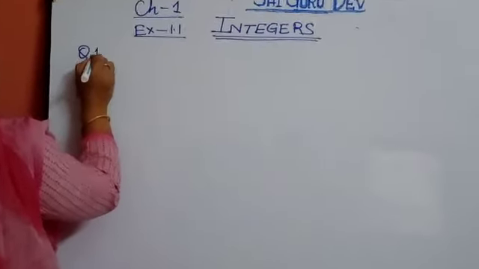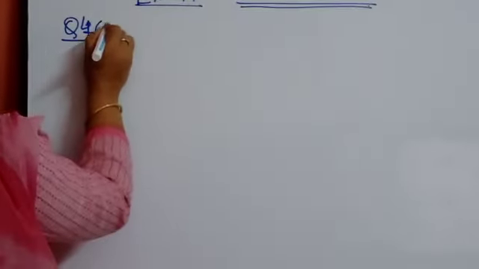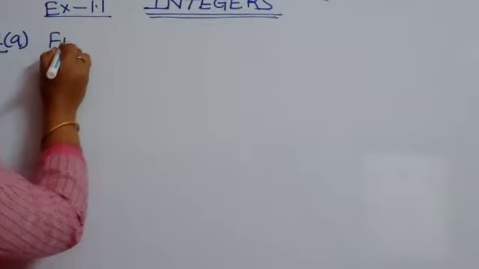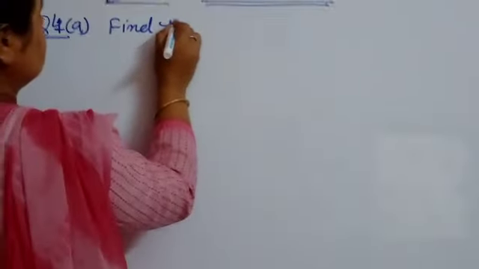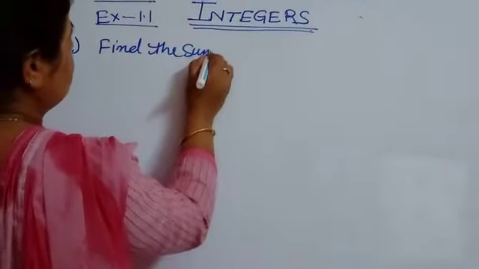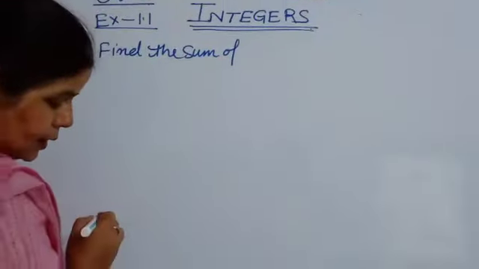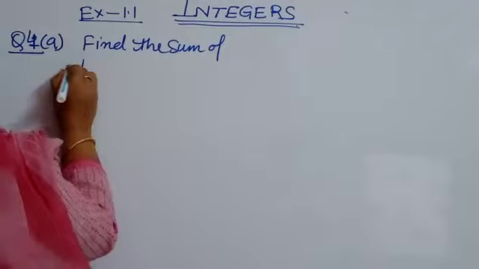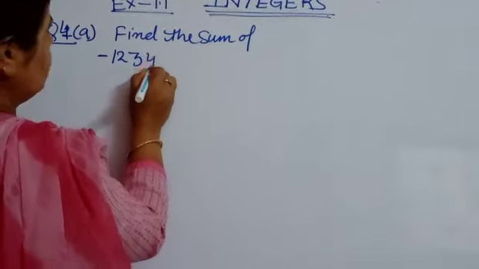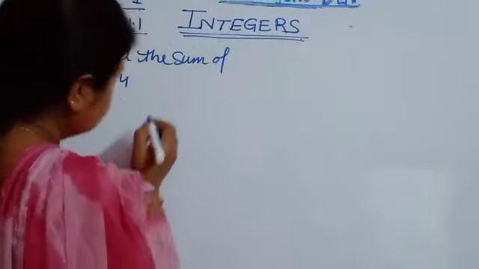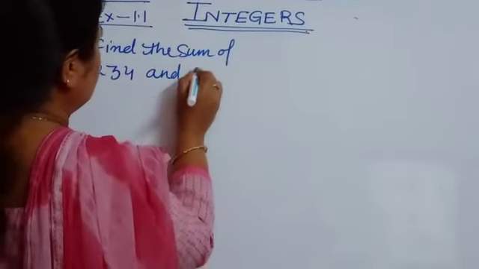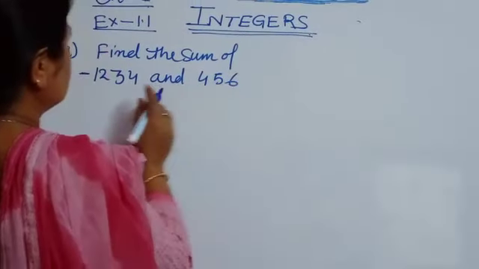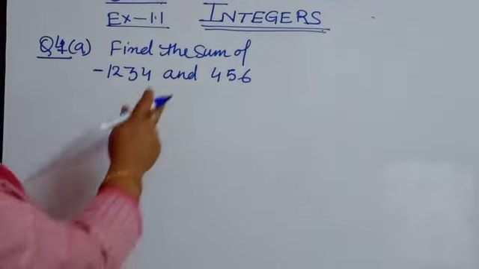The first part, A part: find the sum of minus 1234 and 456. See beta, sum means plus.